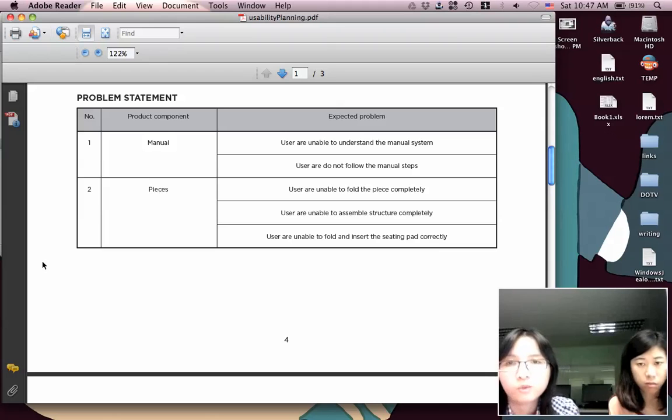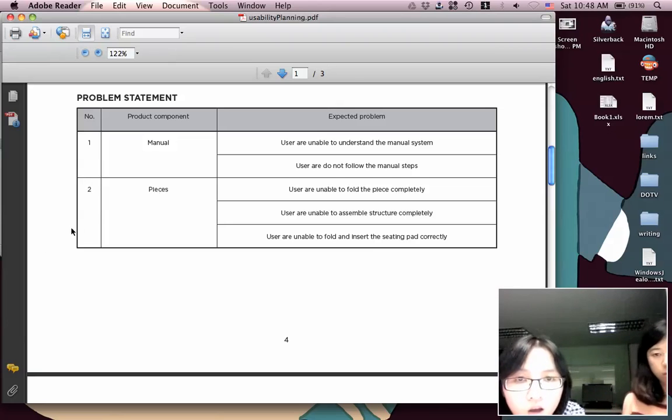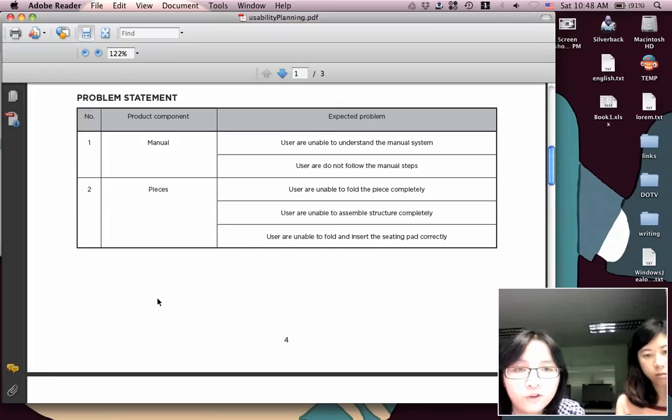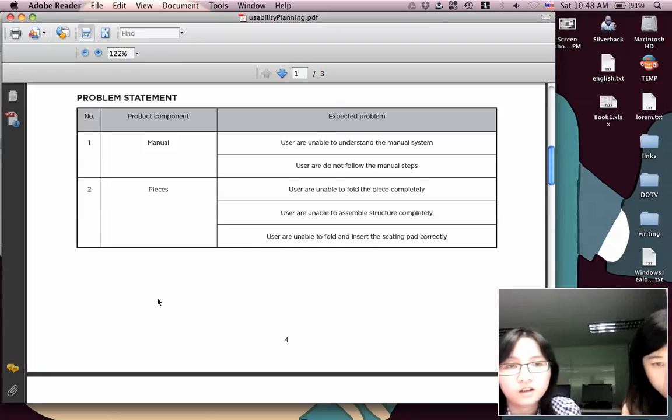The second area would be with all the pieces, like the user is unable to fold the pieces completely, or unable to assemble the structure completely, or the user is unable to fold and insert the seating pad correctly.